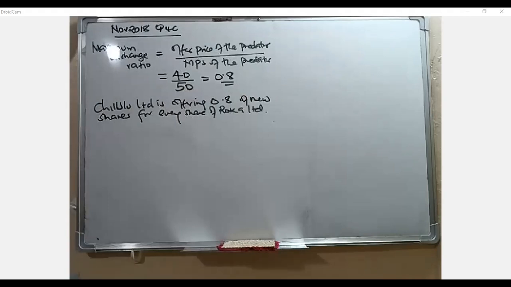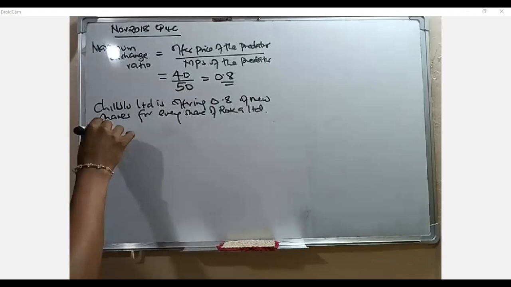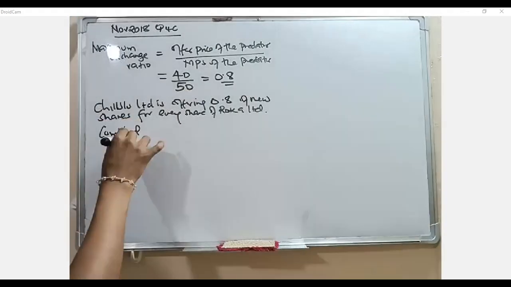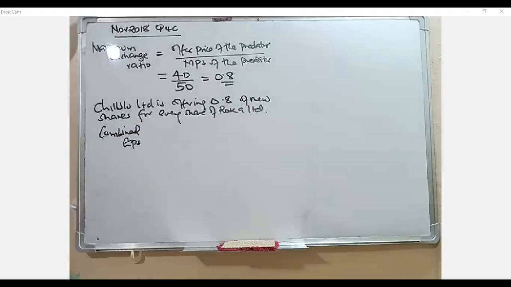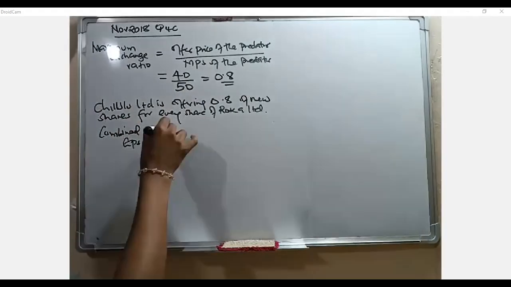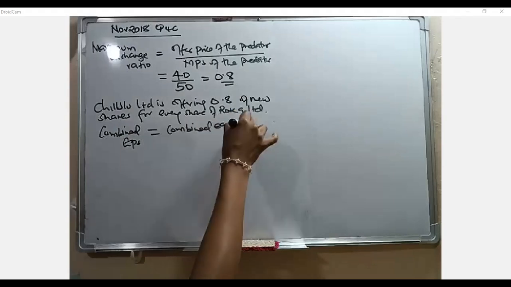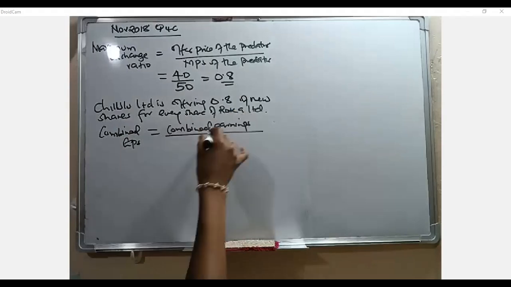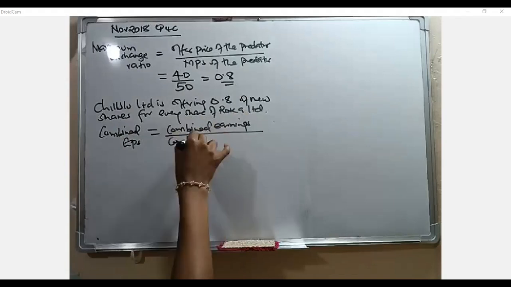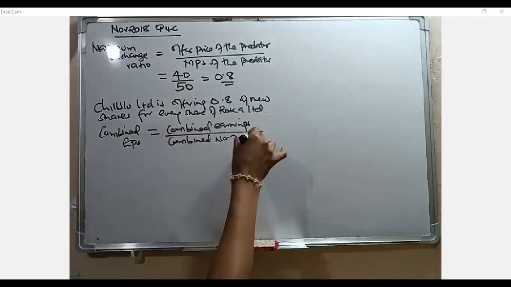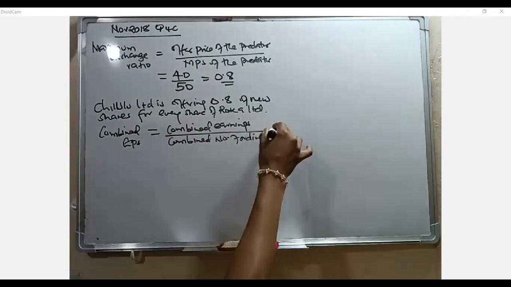Because the examiner is asking you to come up with a post-merger earning per share, we will be coming up with the combined earning per share. Remember we said, let us take our combined earnings and divide by the combined number of ordinary shares.